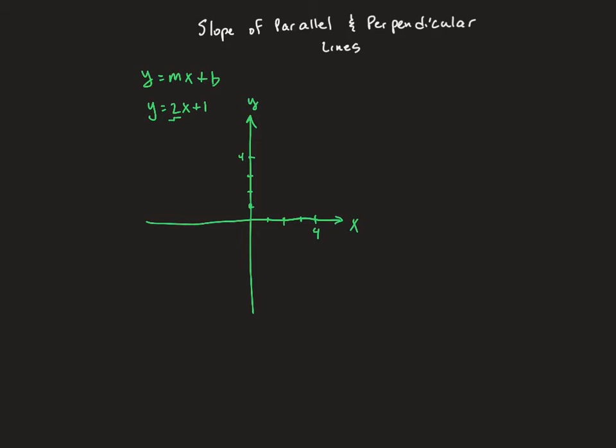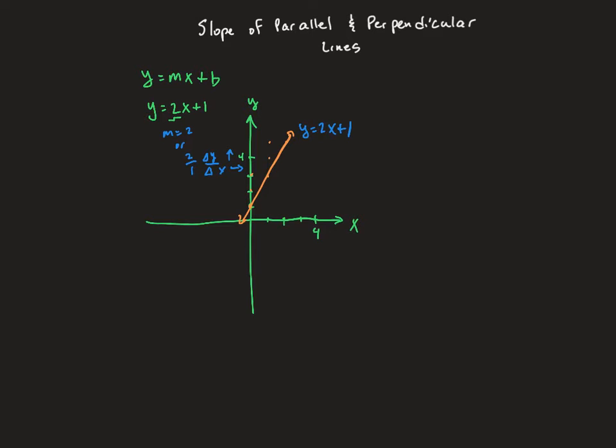So I would start off at y is 1, and then I would go up 2 over 1. That would be my rise over run, because my m is equal to 2, or 2 over 1, the change in y over the change in x. So there is my y equals 2x plus 1.